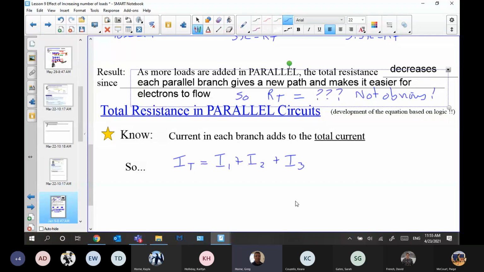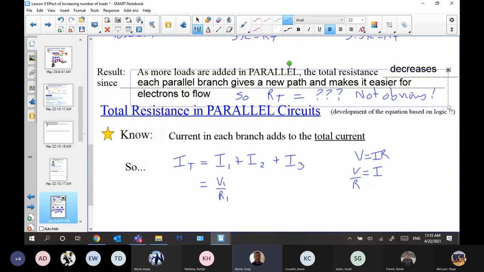And then if we did another Ohm's law substitution, V equals IR, what is current? Well, current, if you solved for it, would be voltage over resistance, right? So we can put in a V1 over R1 for this one.